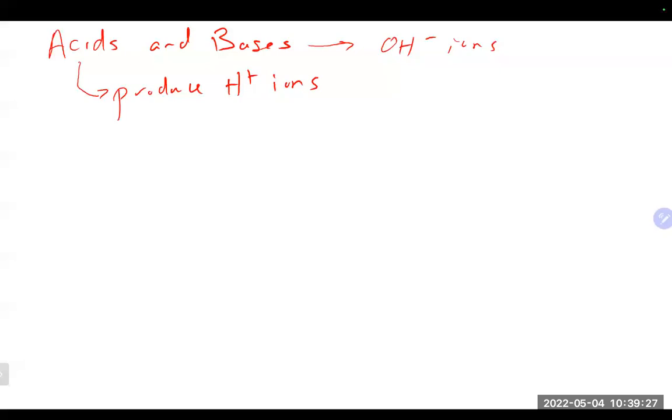Also really important in acid-base chemistry is the idea that you will see H3O plus, which is the hydronium ion, and H plus, which is the hydrogen ion, used interchangeably.